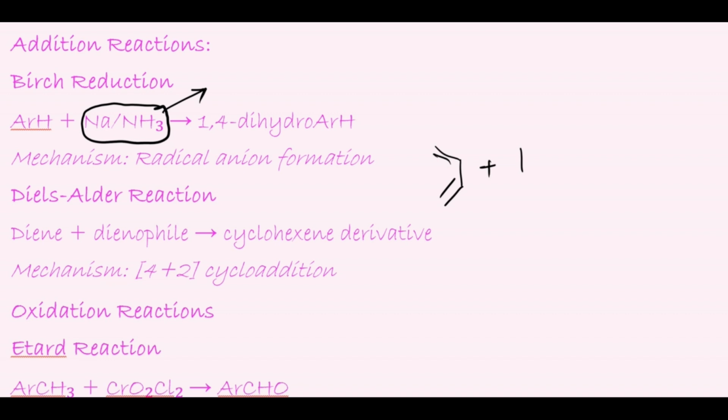Dienophile means, phile means, I have told you, a loving species. Diene-loving. So that is having only one bond. So it starts interacting. The reaction will follow the mechanism of 4+2 cycloaddition, giving the product like this.